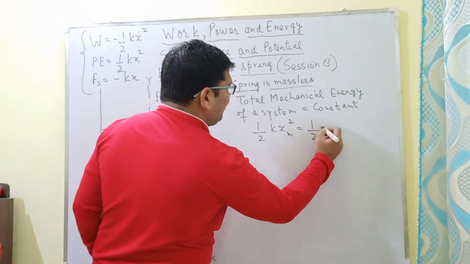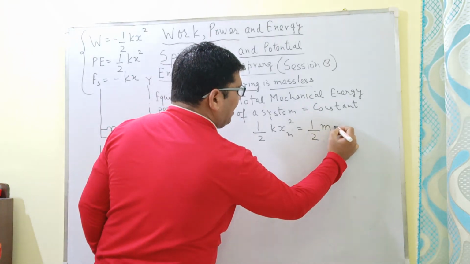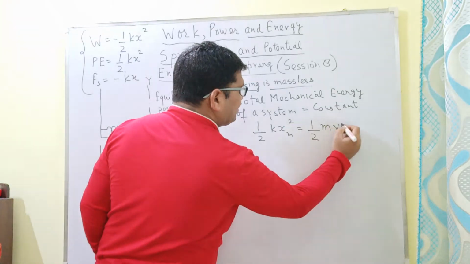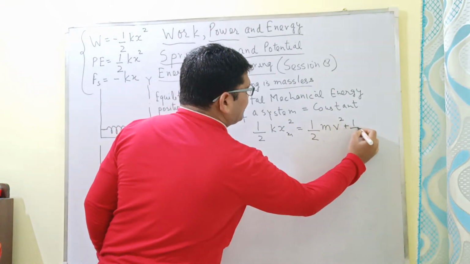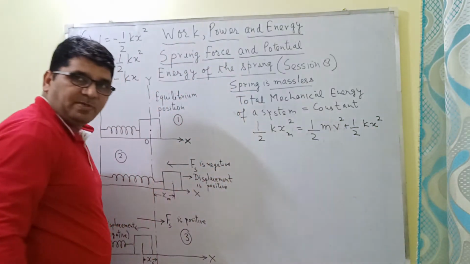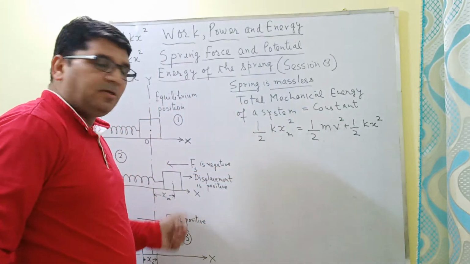So at any moment of time, this energy will be equal to half m v square plus half k x square, where x is the displacement at any moment of time and v is the velocity of this block.